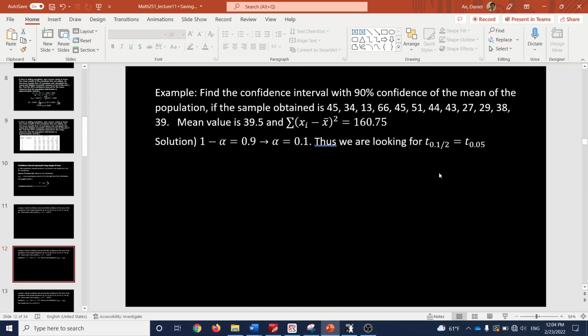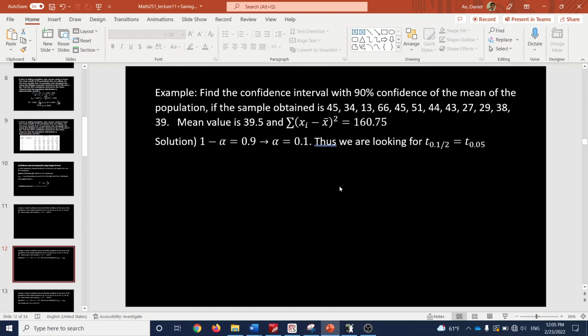And by the way, what this means is, if you have the normal curve and you have the confidence interval, then there's the region at this right tail and the left tail. And these two have to add up to 10%. So one side will be just 0.05. That's what this 0.05 means, okay? Because one side will be 5%. So that's what we want, t of 0.05.